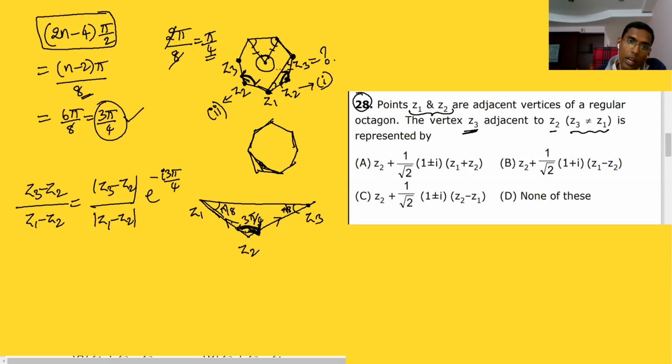If it is the anti-clockwise direction, it is also possible. The first case is clockwise, minus i; the second case is anti-clockwise, that is plus. So I wrote plus or minus i here, you see, plus or minus.